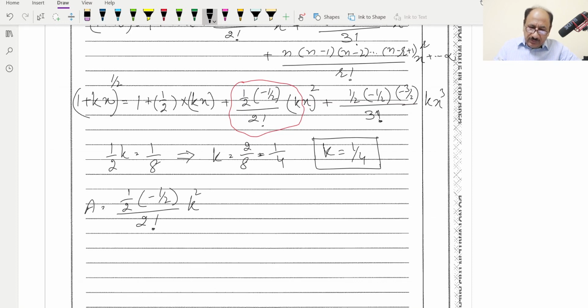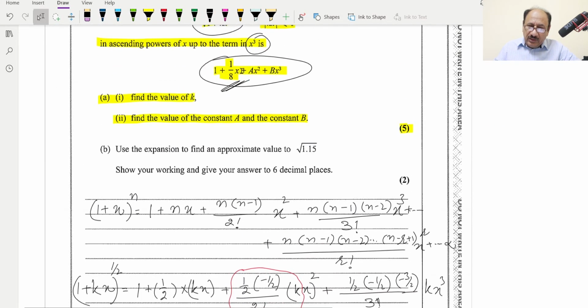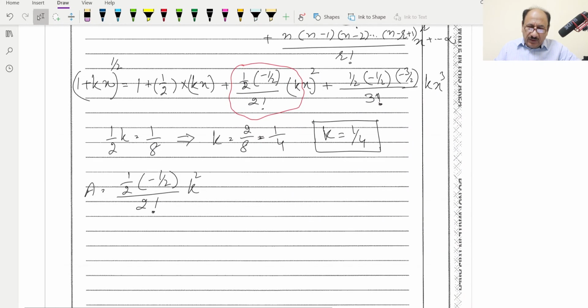This is the coefficient of x squared, which is a in this case. The k value which we found, 1 by 4, we can replace over here. So this implies 1 by 2 into minus 1 by 2 over 2 factorial, into 1 by 4 squared.